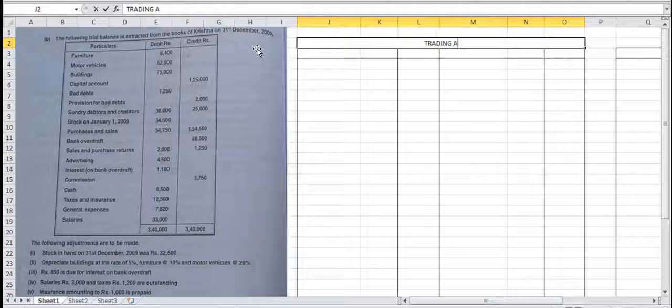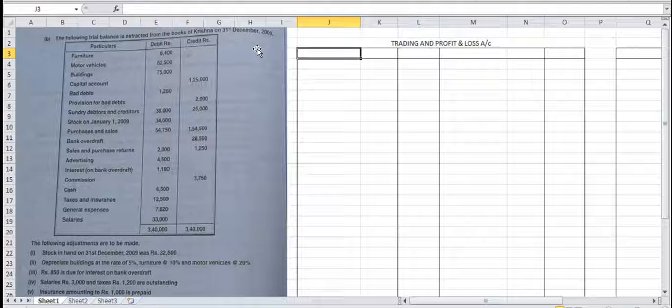Trading and profit and loss account. Right here, particulars, amount.